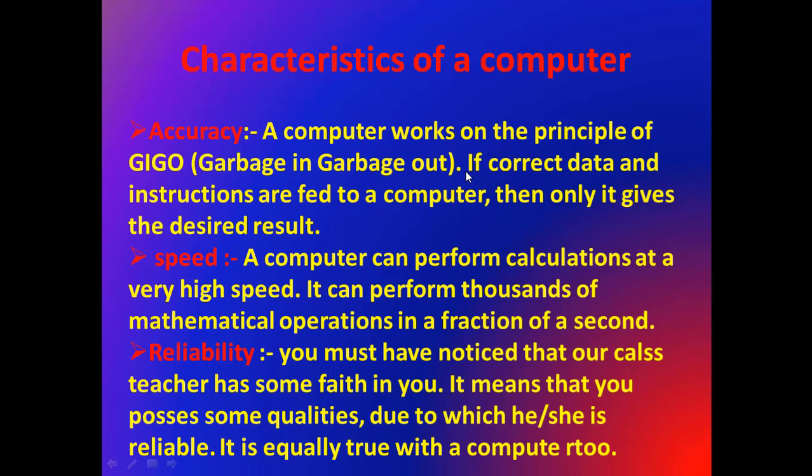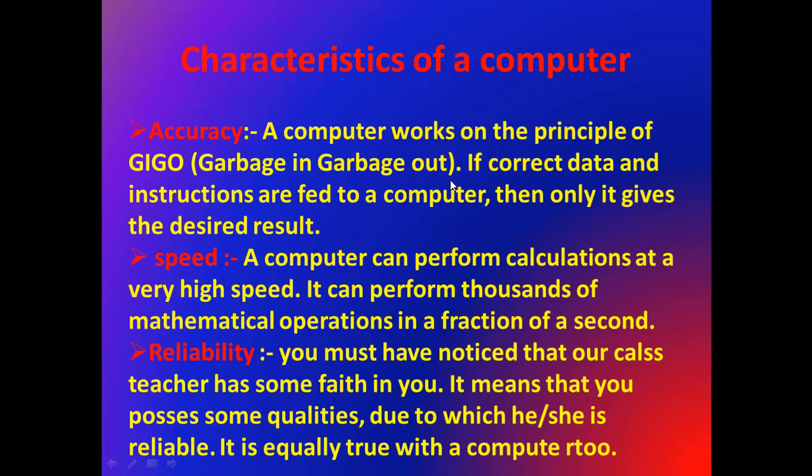That means it depends on what input we give to the computer. If we give the right, correct input to the computer, then the computer will give us the correct answer. Garbage in means if we give wrong inputs to the computer, garbage out, the output will be wrong.